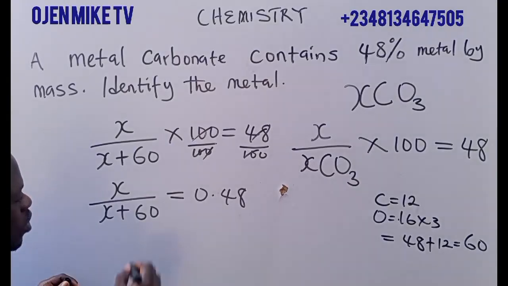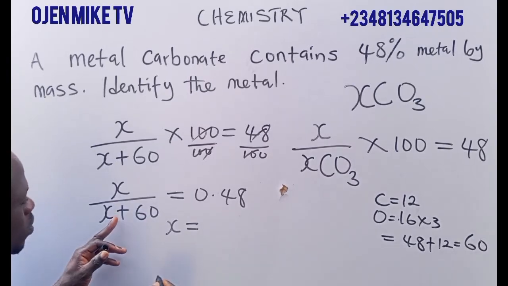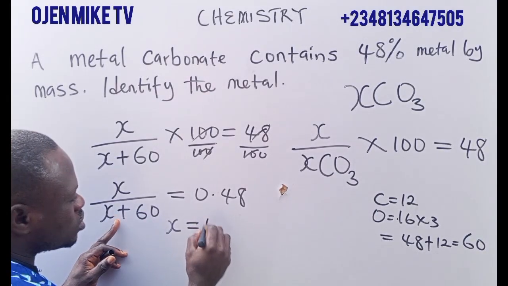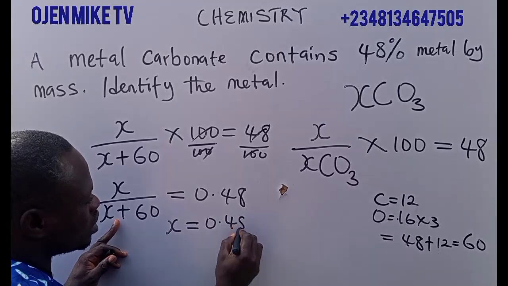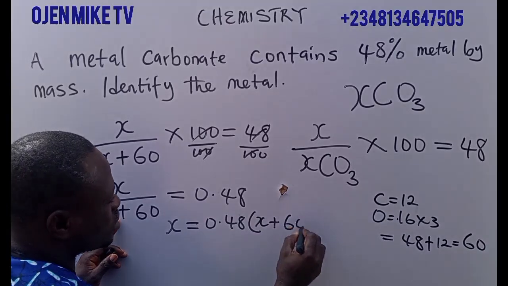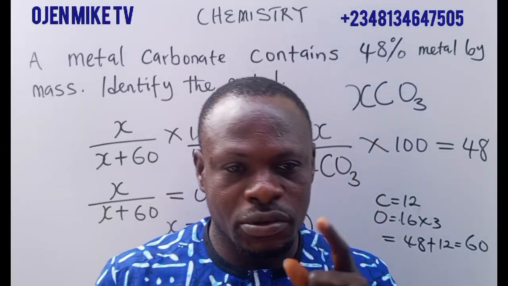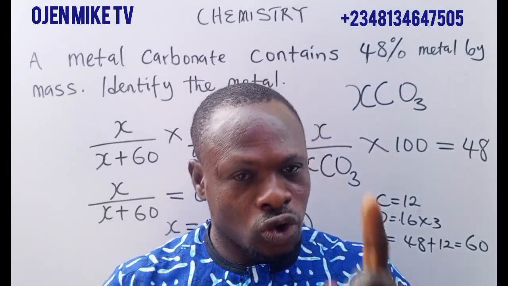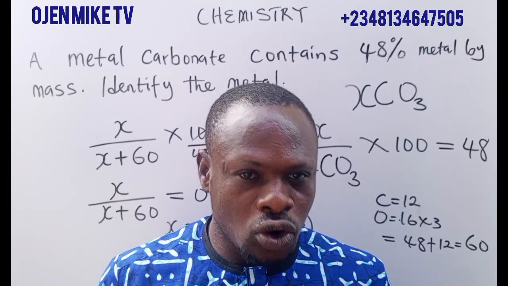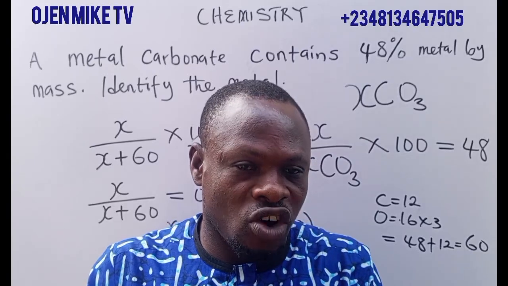Now what does that mean? It means that X is equal to 0.48 open bracket X plus 60. Just remember, if you want to know chemistry, make sure you know your mathematics. Even though you don't know full mathematics, just make sure you know the basics of mathematics.